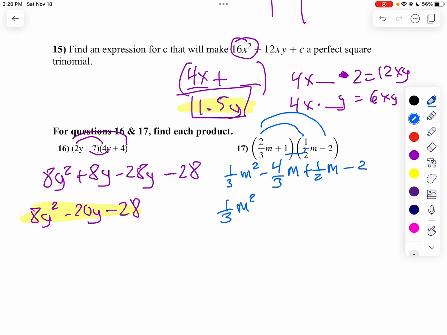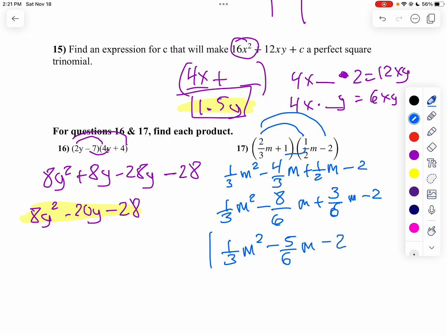But I need a common denominator. My common denominator is 6. So 3 times 2 is 6, so 4 times 2 is 8/6, and then I'll get 3/6. Then minus 2. So I get 1/3 m squared minus 5/6 m minus 2. And there's your answer.